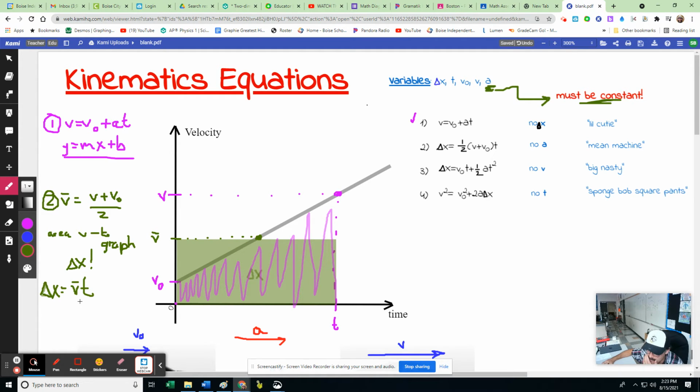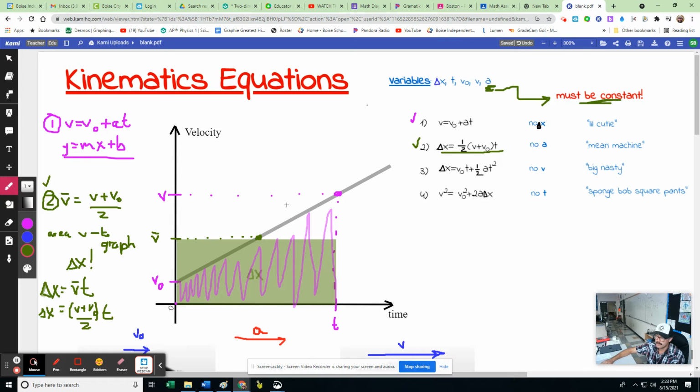You're going to travel the same amount. And so we know we have an equation for average velocity. It's (V plus VO) divided by 2, times T. And you can see it right there. That's our equation. So we've got equation number 2 done.